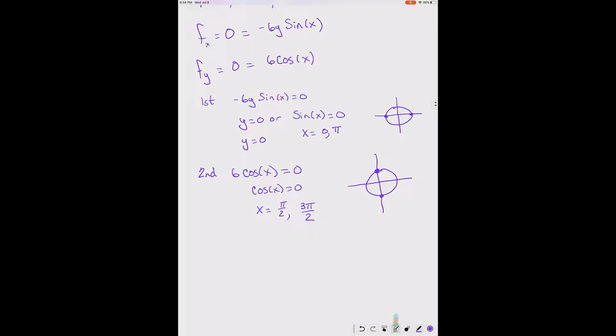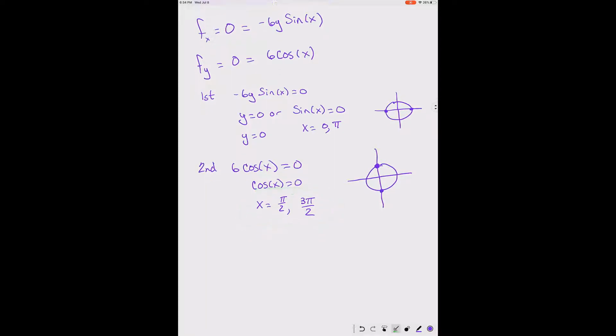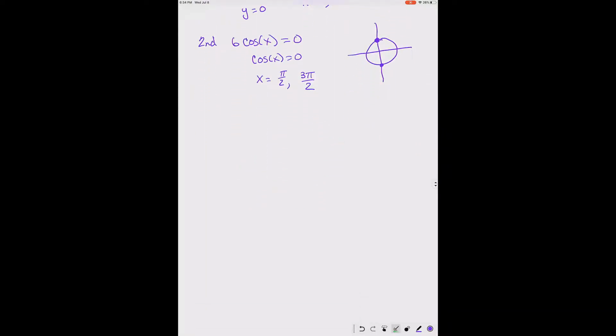I've got a number of them. I got 3 values from the partial derivative with respect to x, and 2 more from the partial derivative with respect to y. Now I need to find what's referred to as the Hessian, or the determinant of the Hessian.